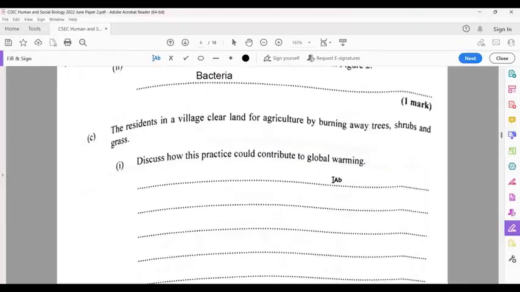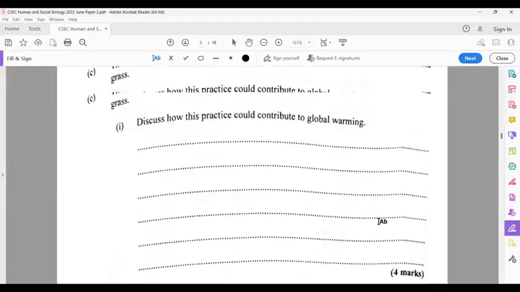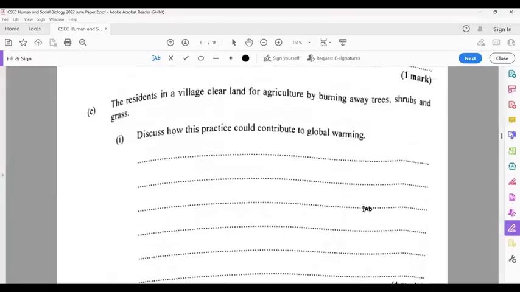The residents in a village clear land for agriculture by burning away trees, shrubs, and grass. Discuss how this practice could contribute to global warming. And simply, for these 4 marks, they are asking you for a flow chart of sorts.